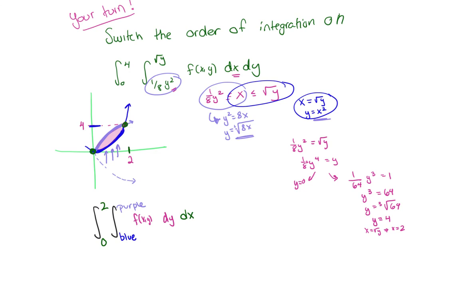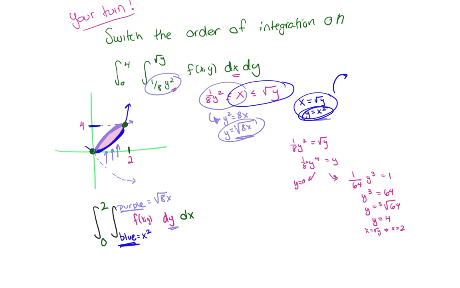Okay, so then I just need to find the blue and the green and the purple in terms of y equals. So for my blue curve, I have already that y equals x squared, so I can put that in. For the purple, we have that y equals the square root of 8x.